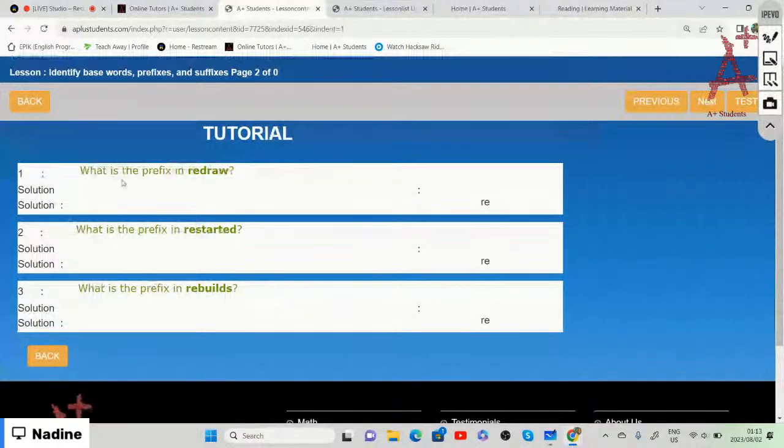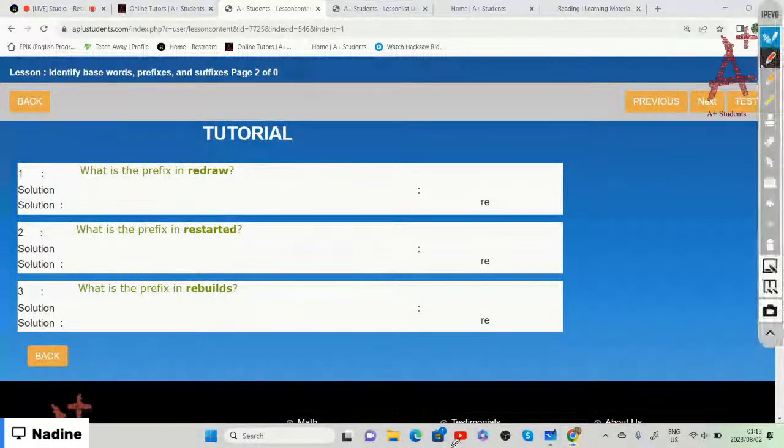So what is the prefix in redraw? We need to identify the prefix in redraw. If we identify the prefix in redraw, it means that draw can stand on its own. So the prefix that was added to draw is re. They just want us to identify the prefix within that sentence, which is re.